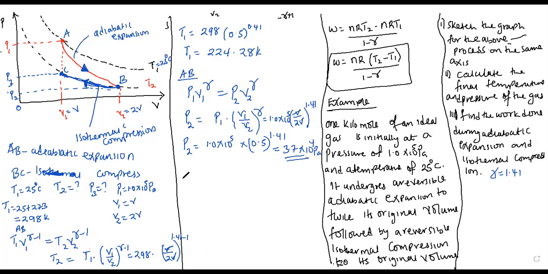Now, because temperature is constant, that is an isothermal change. Isothermal change occurs at B, where PV is equal to a constant, meaning P1V1 is equal to P2V2.